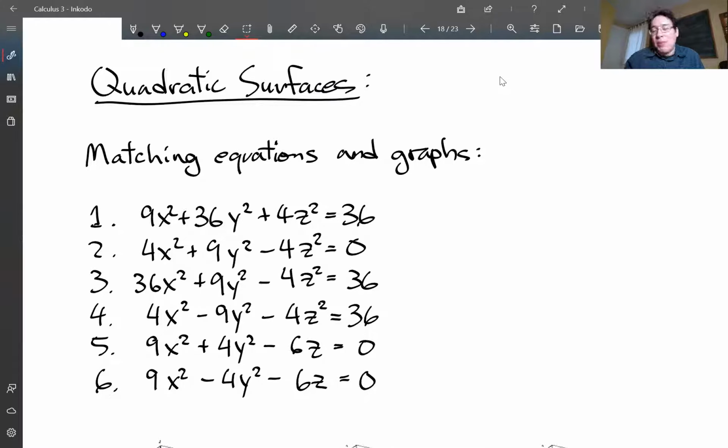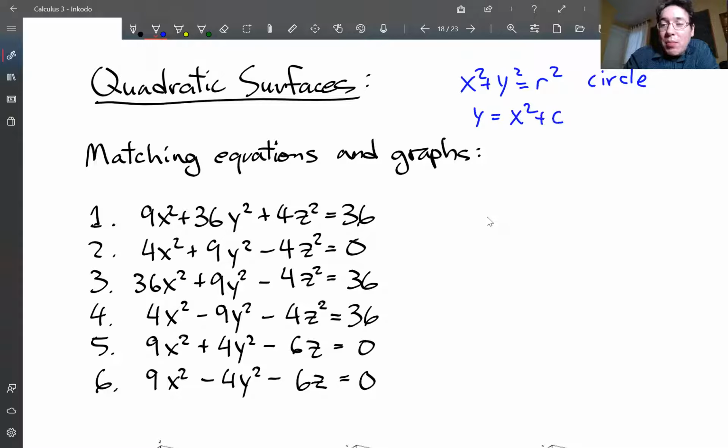So in 2 dimensions, there are certain curves that pop up frequently, like a circle. We can talk about a parabola. This is less known, but this is a hyperbola.